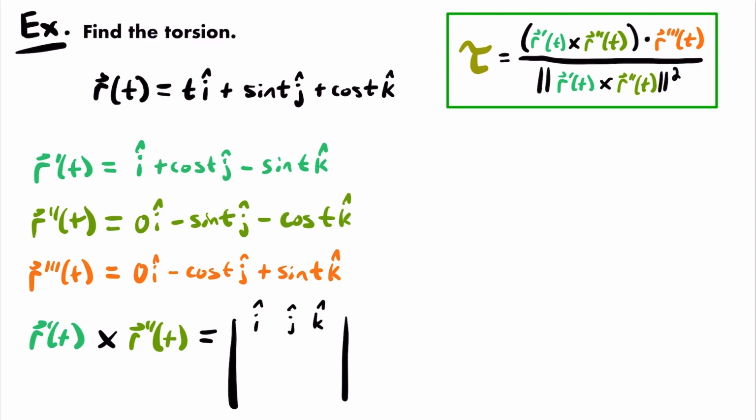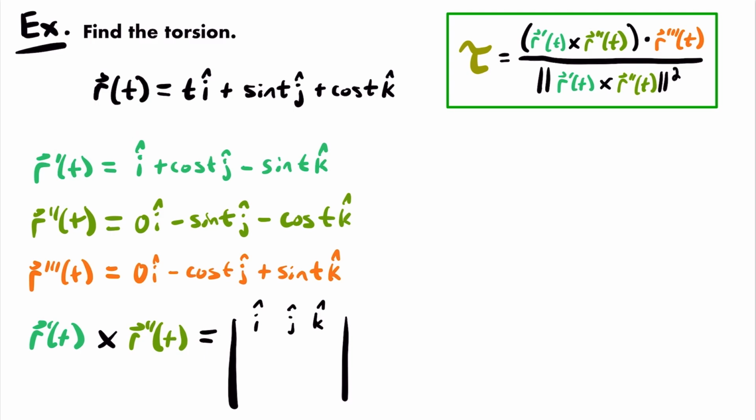You could use a matrix where the first row is the components of r prime of t, the second row is the components of r double prime of t, and the third row is the components of r triple prime of t, where you could then calculate the triple scalar product by doing the cross product calculation on that matrix, where instead of i, j, and k, you just have the components of that first vector that you're multiplying by each of the 2x2 determinants that you calculate.